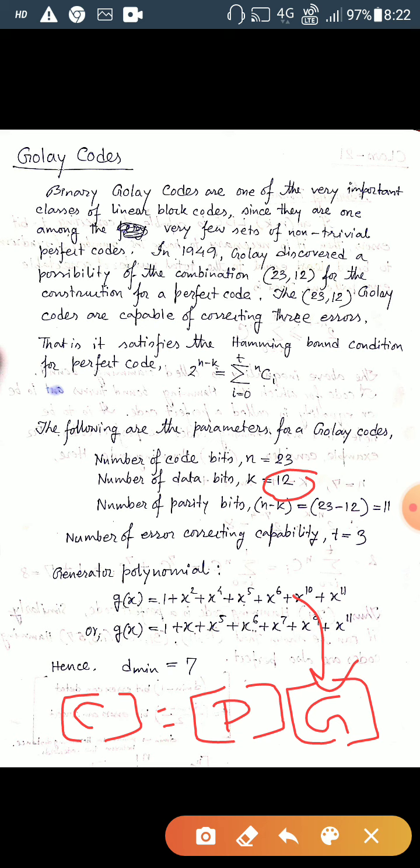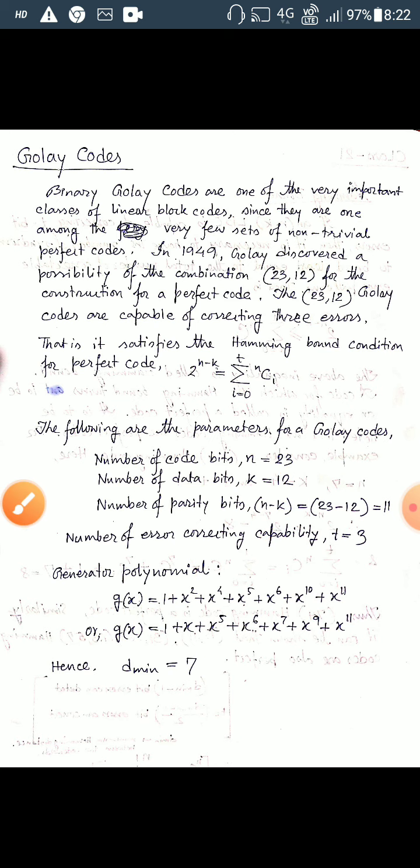So 12-tuple message formations D can be created. From here, if you multiply this matrix form, you get the codeword.